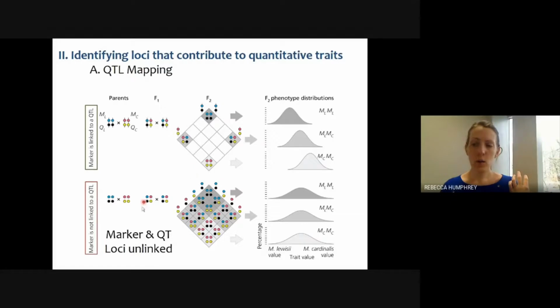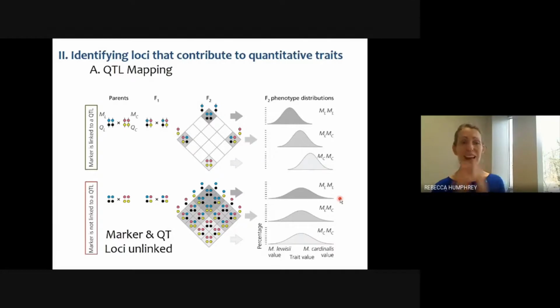So among your whole bunch of F2s, you're going to have this wide variety of phenotypes. So in this case, our marker locus doesn't indicate anything about the phenotype. There's no relationship between what genotype you have for the marker locus and what phenotype you have. Okay, so this tells us that this marker locus, this flag in the genome, this particular flag is not near a gene that is contributing to differences among these 2 species.